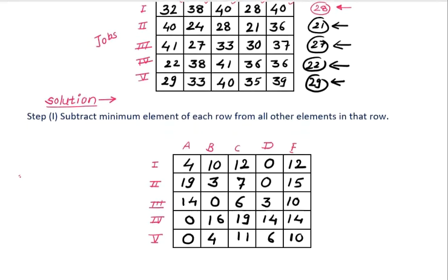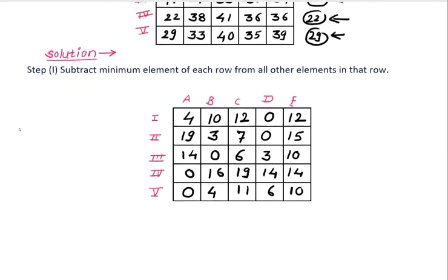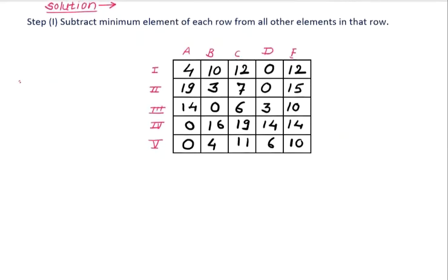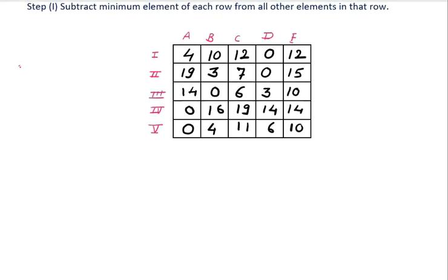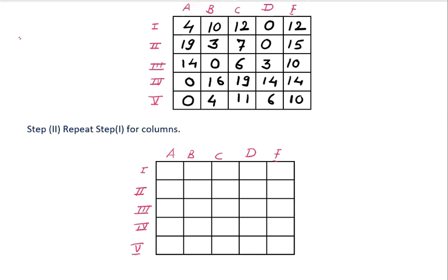Repeat step 1 for columns. So we choose the smallest element in a column and subtract it from all the entries in that column. In the first column, the smallest entry is 0, so subtracting 0 does not change the first column.